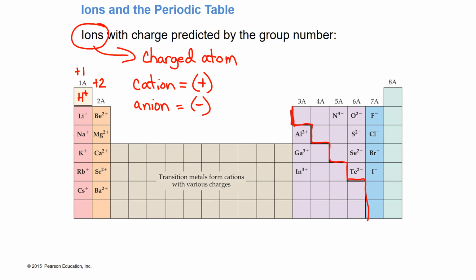Everything above this line is considered to be either a metalloid or a non-metal. So we don't really assign charges to the metalloids going across. But the metals that are below this, we can assign charges.